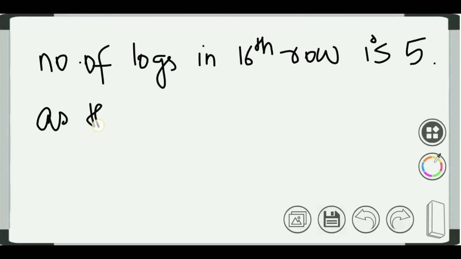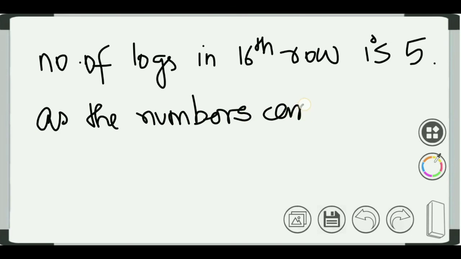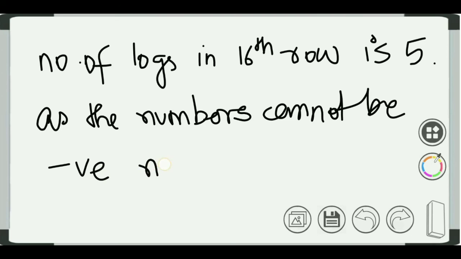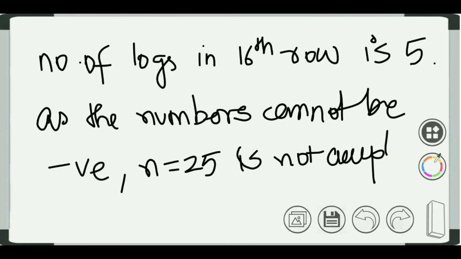See, as the numbers cannot be negative, n is equal to 25 is not acceptable. Okay. Therefore, 200 logs can be placed in 16th rows.